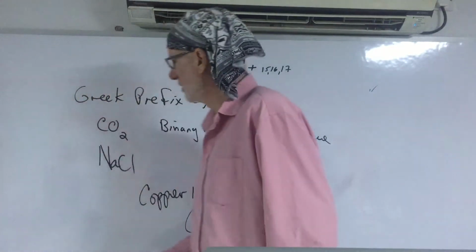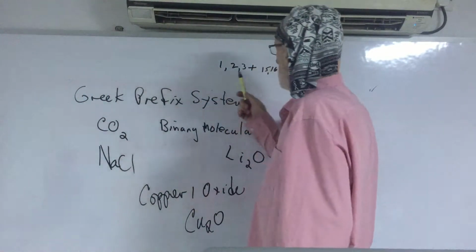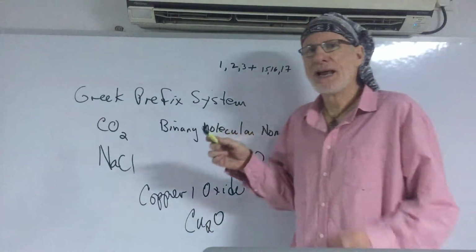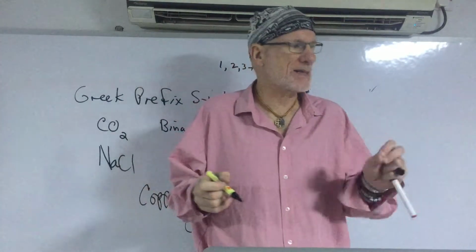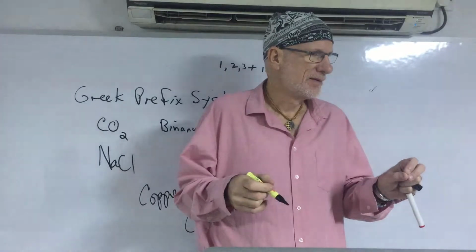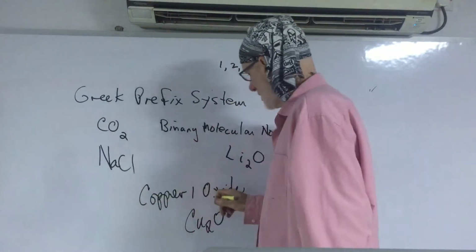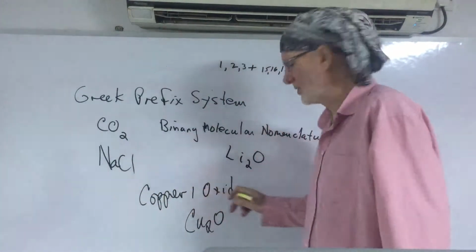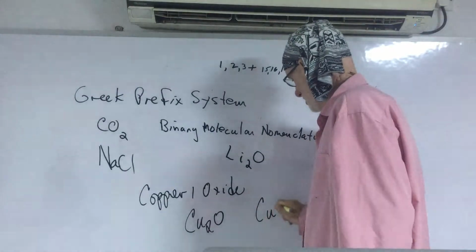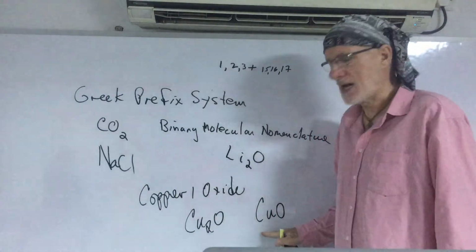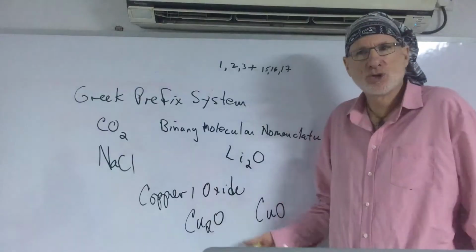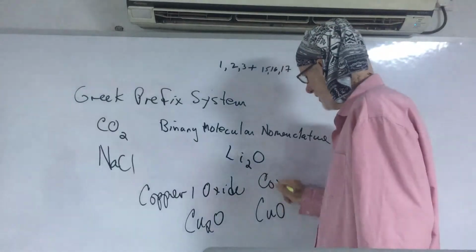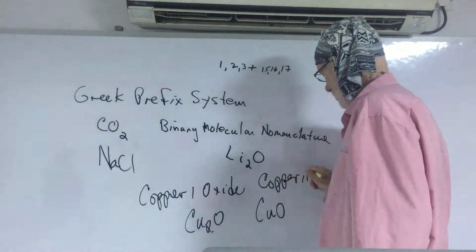Well, yeah, of course. It's not in these groups, okay. But they have more than one oxidation state. Copper has two major ones. You get this: copper 2 oxide and copper 1 oxide. So which one is it? Well, you got to say which one it is.